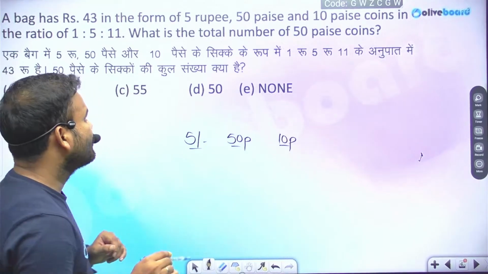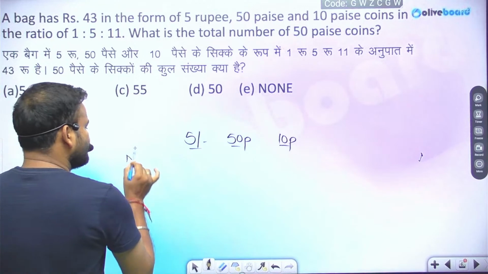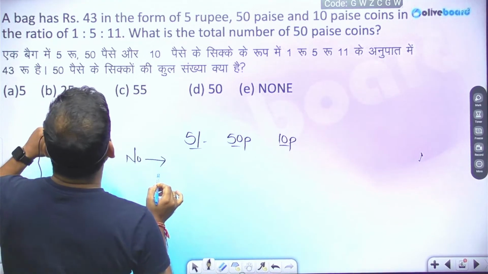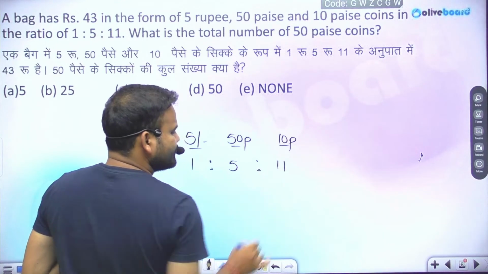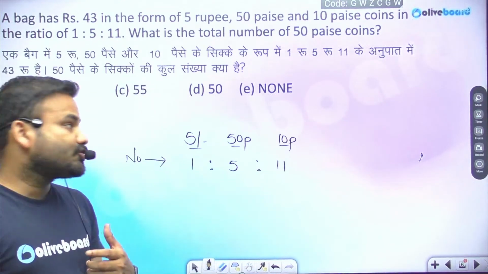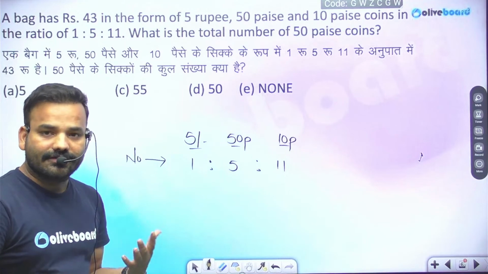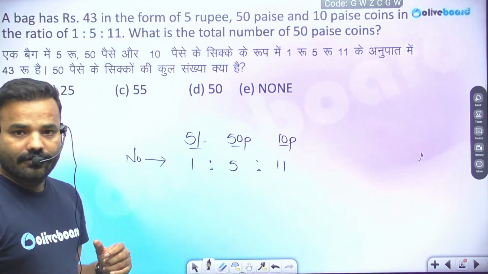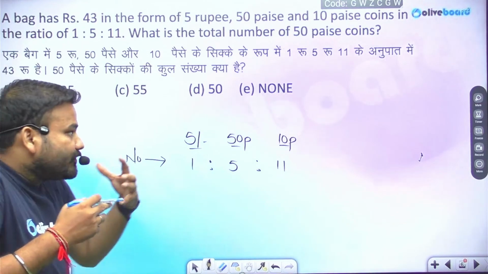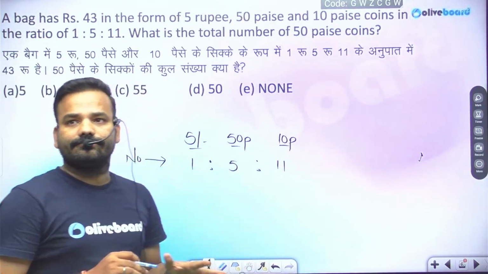Now these coins were in the ratio of 1, 5 and 11. This is the ratio of the quantity. So I was having more number of 10 paise coins in that piggy bank.